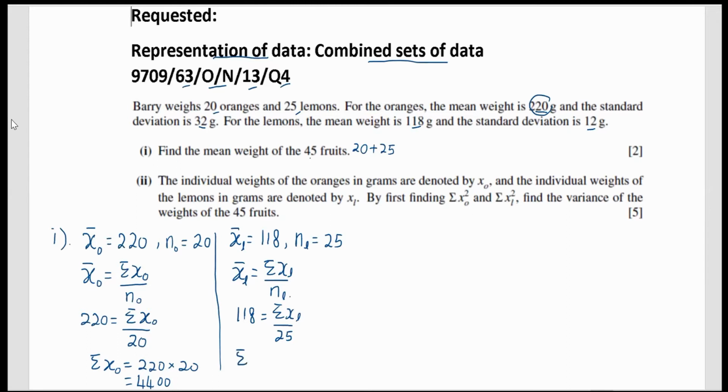So we find the total weight of the lemons is 118 times 25. By using the calculator, we should get the value 2950.